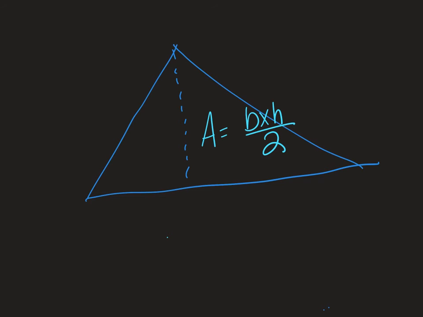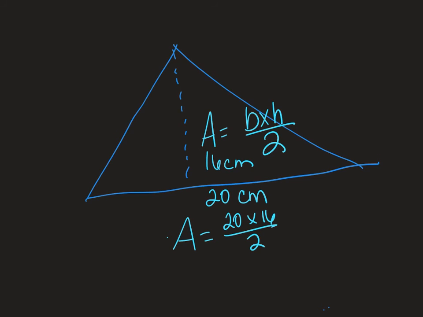Okay, so let's just say that this triangle has a base of 20 centimeters, a height of 16 centimeters. Perfect. All right, so area equals base 20 times your height, which is 16, divided by 2.